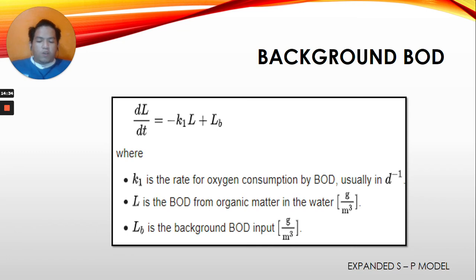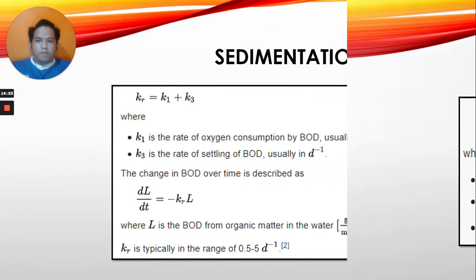This will give rise to a constant diffuse input, thus the change in BOD over time will be that said formula, wherein K1 is the rate of oxygen consumption by BOD, L is the BOD from organic matter in the water, and LB is the background BOD input.